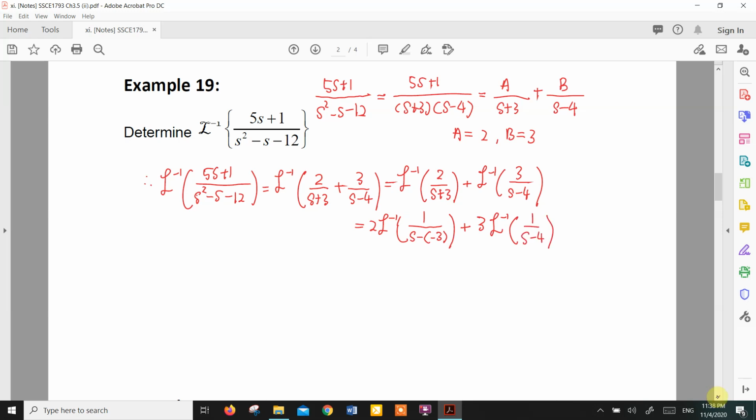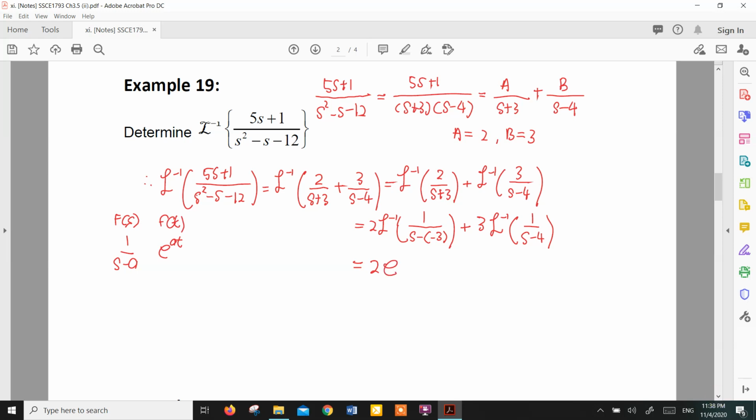For this function, your a is negative 3, so it is equal to 2. So if you have 1 over s minus a, this is your F(s), so your f(t) will be e to the power of at.